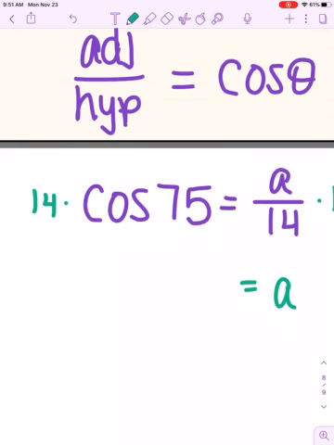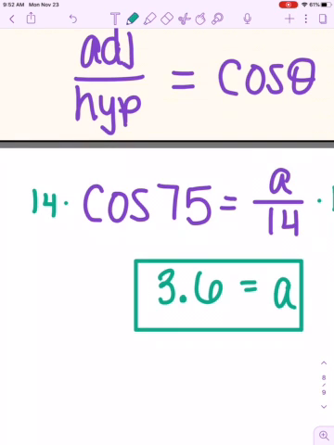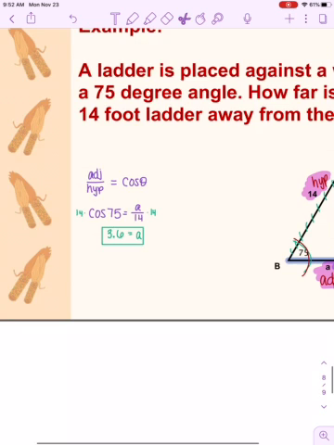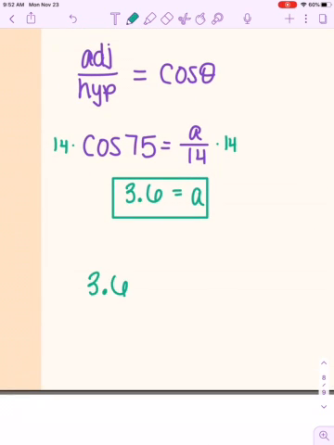So you just do 14 cosine 75, and we are rounding that to the nearest tenth, which is 3.6. This is a real scenario, so we should put some units on it. We're talking about feet, so 3.6 feet away from the wall.